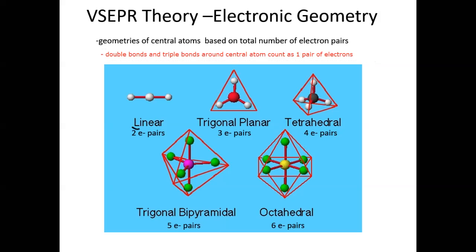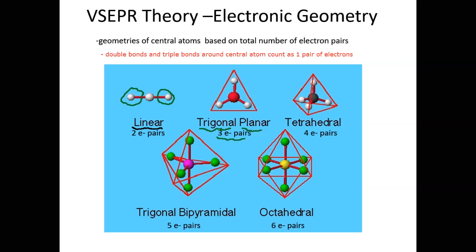So we have linear geometry. Linear is very easy. You just have 2 electron pairs around the central atom. This is electron pair 1, this is electron pair 2. With linear geometry, they're all going to be bonding pairs. Next we have trigonal planar, which is 3 electron pairs.